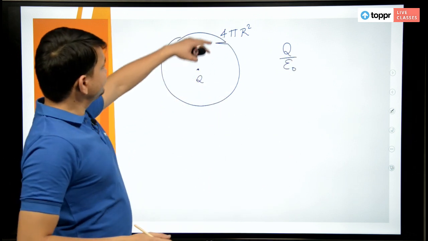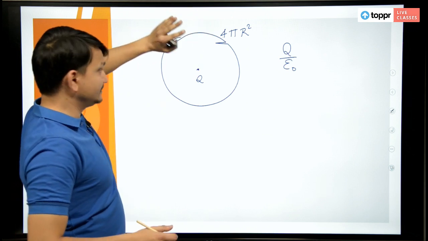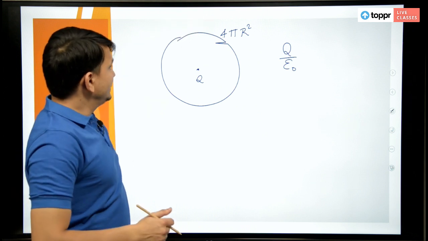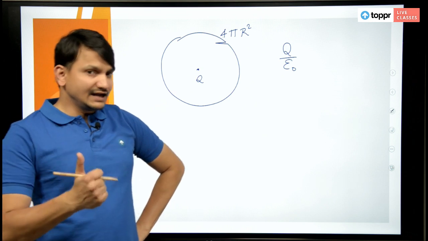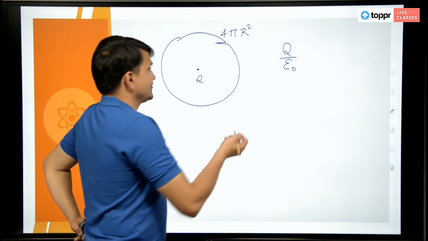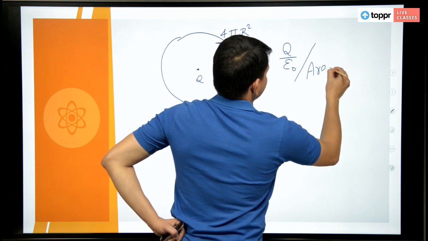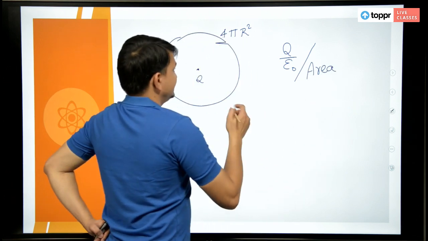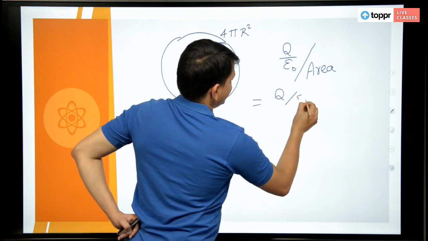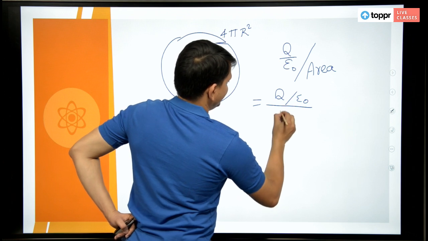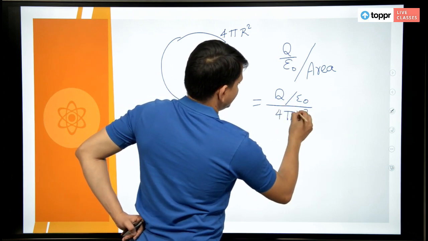And because of this q divided by epsilon naught, the flux is this, so can we say that flux per unit area is equal to q by epsilon naught divided by 4 pi r square.